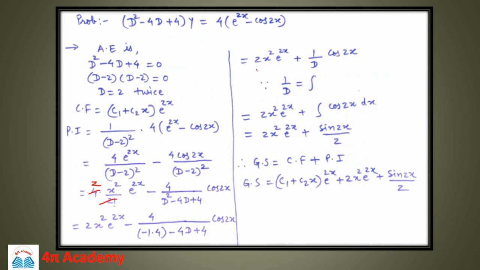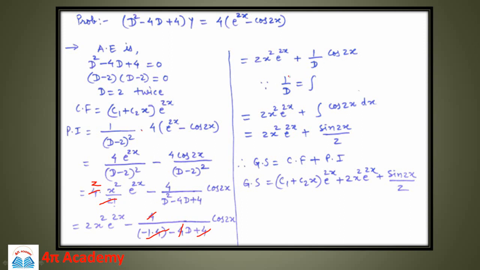So that is 2x square into e raised to power 2x plus this, since minus minus will be equal to plus, and this is minus 4 plus 4, that will be 0. So the minus 4 plus 4 will be 0, this minus minus becomes plus, and this 4 and this 4 will go off, and therefore we remain with plus 1 by d cos 2x.